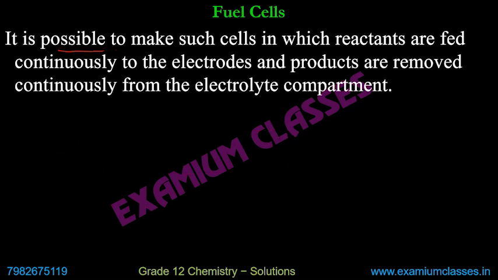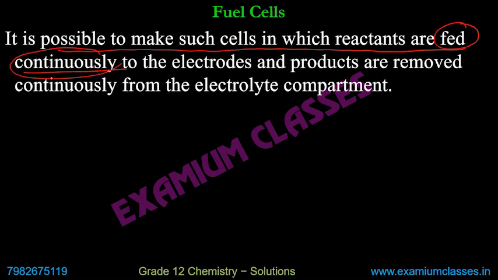So it is possible to make such cells in which reactants are fed continuously to the electrodes and products are removed continuously from the electrolytic compartment. Reactants are being provided, products are being removed continuously, and the cell keeps on running. These are called fuel cells.